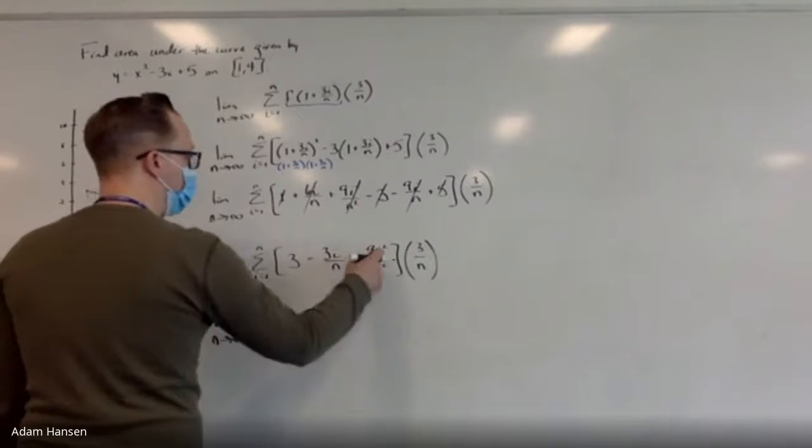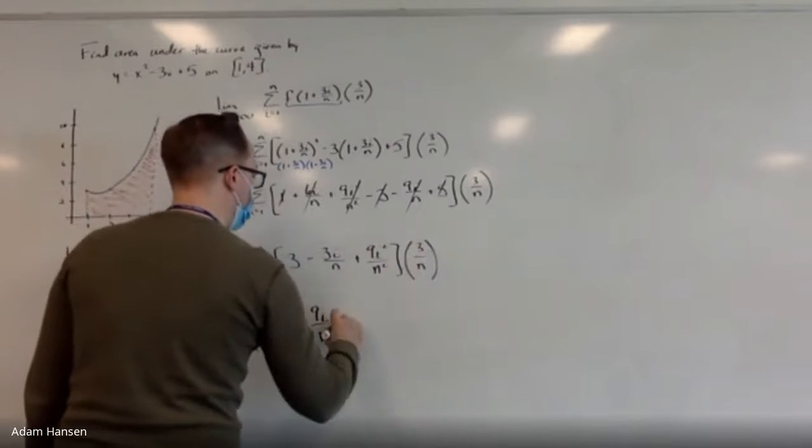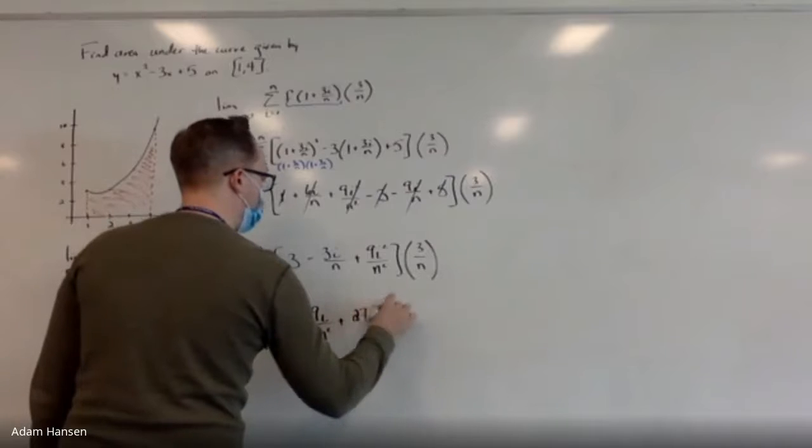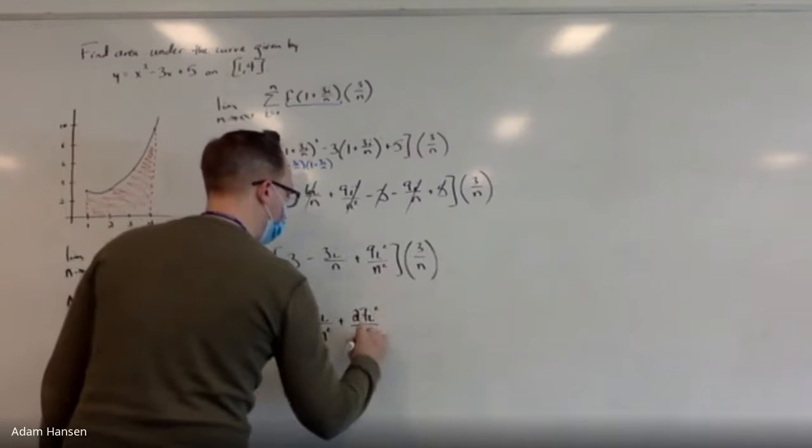Let's see, 9i squared times 3 is 27i squared over n cubed.